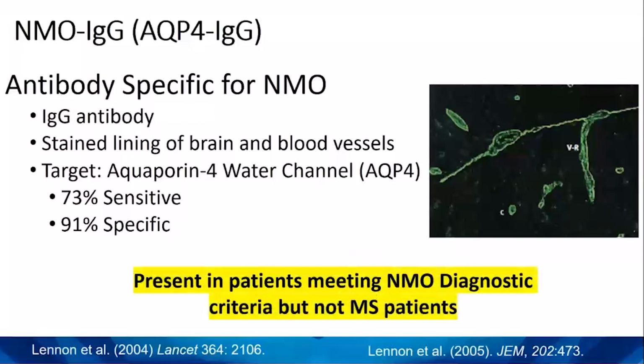And most importantly, patients who had this antibody had diagnostic criteria for neuromyelitis optica, but did not have multiple sclerosis. So it was very specific. But what was more important about identifying something that could be diagnostically specific was the fact that this antibody wasn't just a marker of disease, it was driving disease.